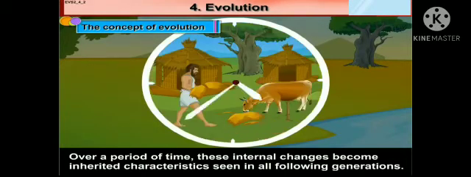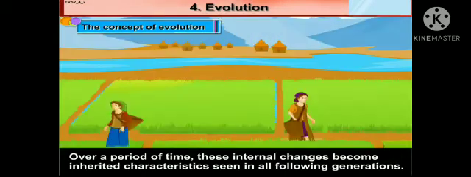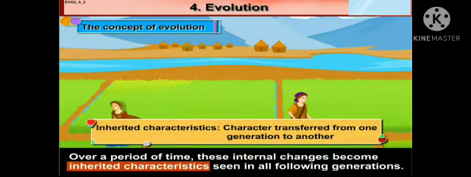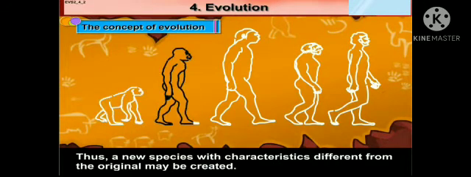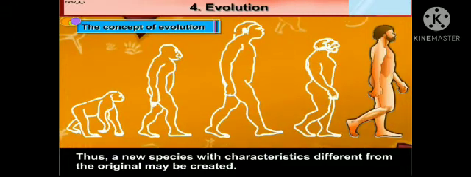Over a period of time, these internal changes become inherited characteristics seen in all following generations. What does it mean? Characters transferred from one generation to another. Now, we will go further. Thus, a new species with characteristics different from the original may be created.